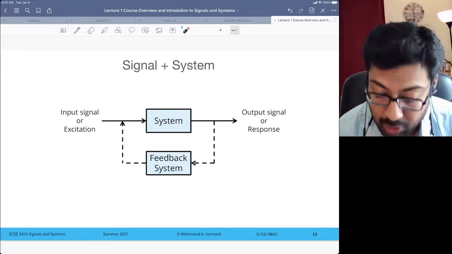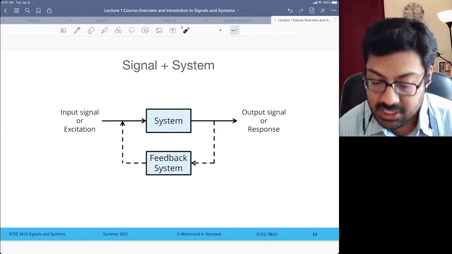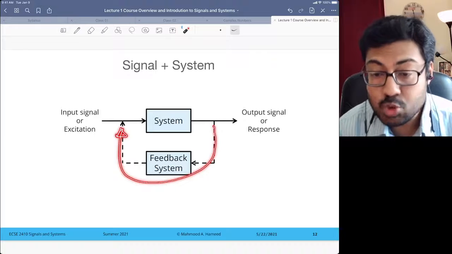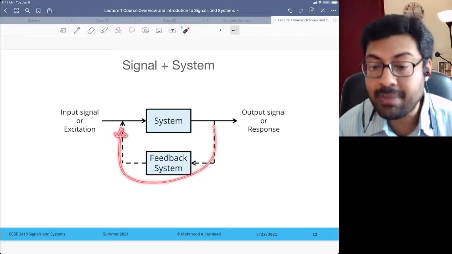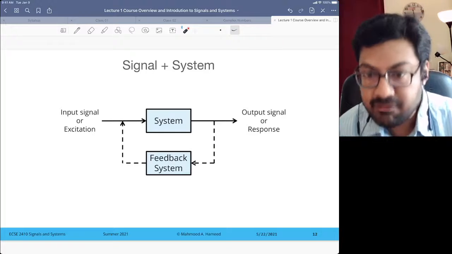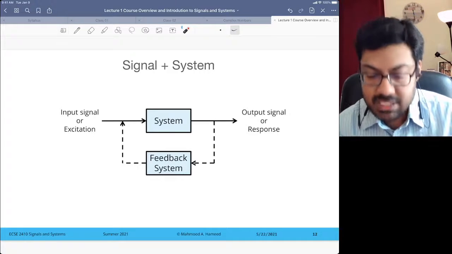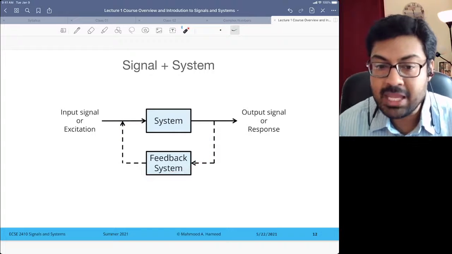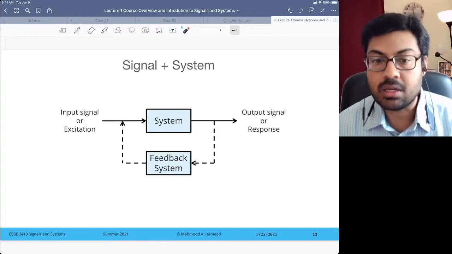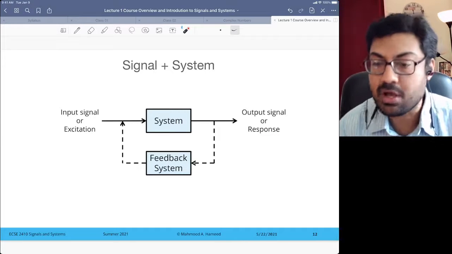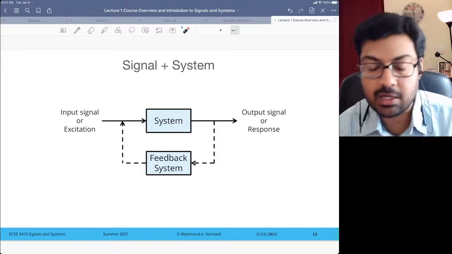Why is that? The reason it happens is because the gain of your mic is too big. So if the gain of your mic is too big, you have a positive feedback. And when you have a positive feedback going back into your system, it is making your input signal larger. Consequently, it is shooting your response, leading to that very uncomfortable noise.